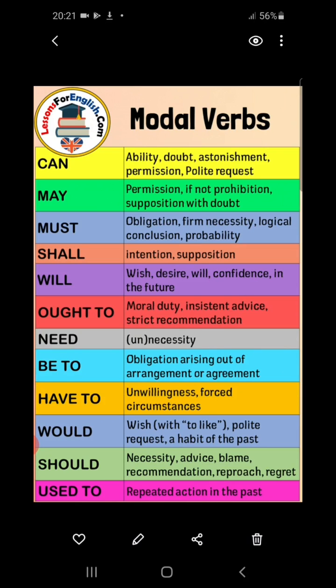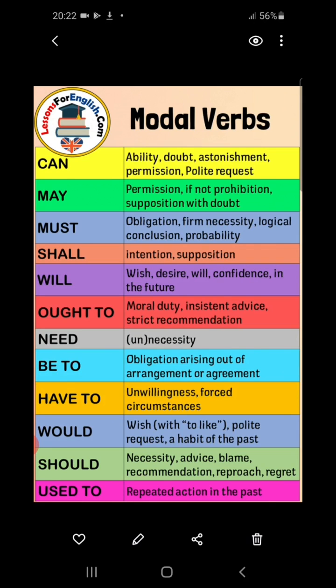Next, would, which expresses wish (with to), polite request, a habit of the past. Next, should. Necessity, advice, blame, recommendation, reproach, regret.